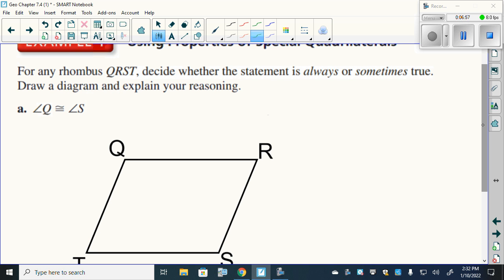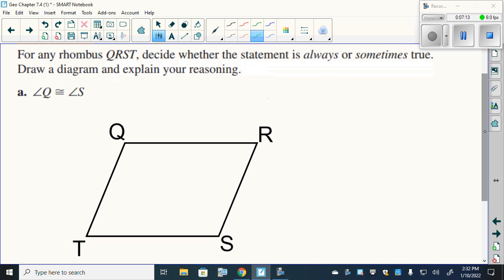Now the rest of this here, what we're doing is classifying the properties of these quadrilaterals. So, guys, let's focus in here. For any rhombus QRST, decide whether the statement is true always or sometimes true.